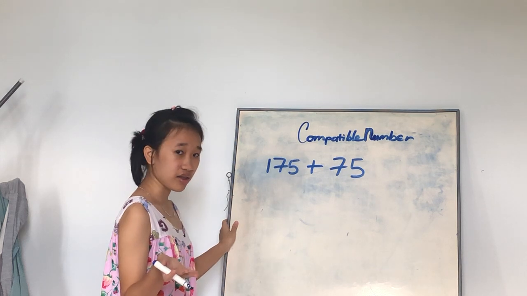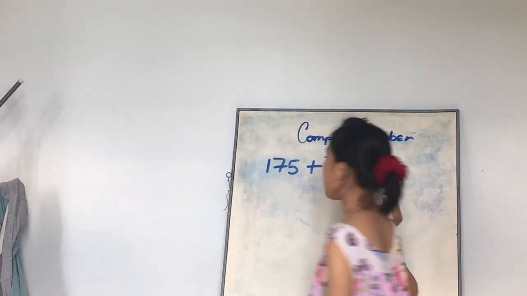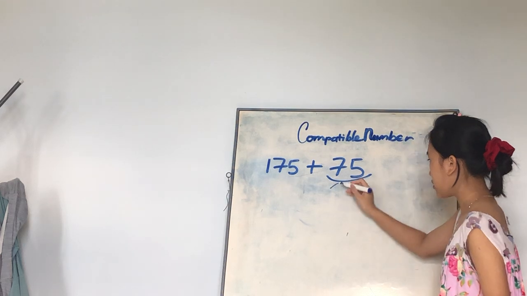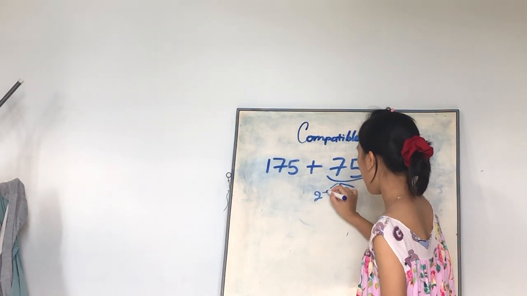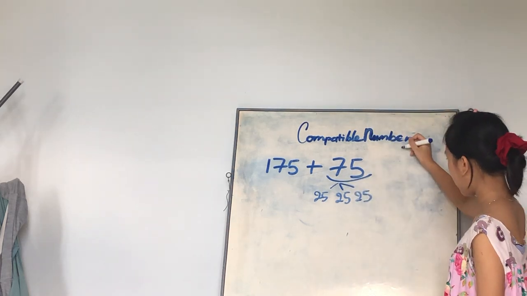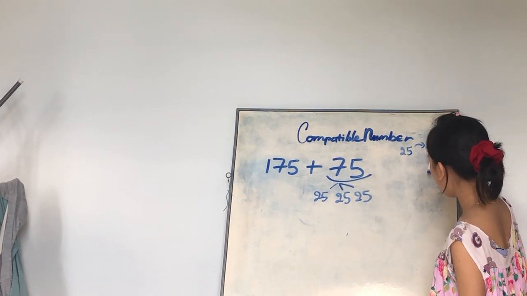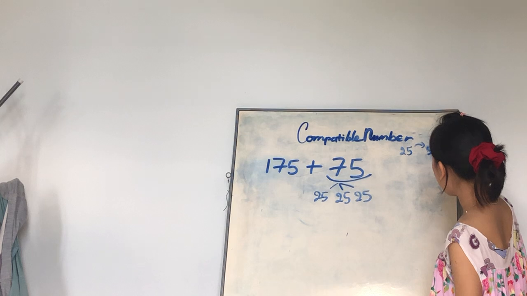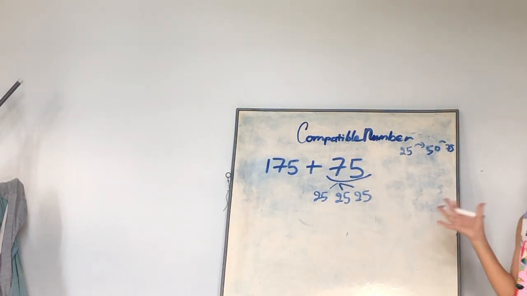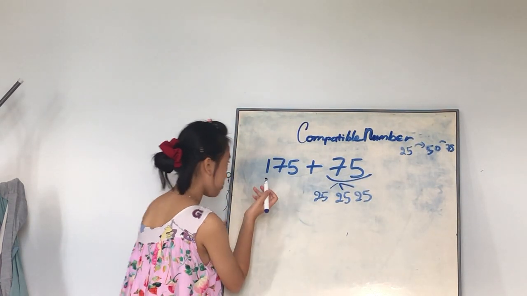Think of 75 as 25, 25, and 25 on the number line: 25, 50, and 75.